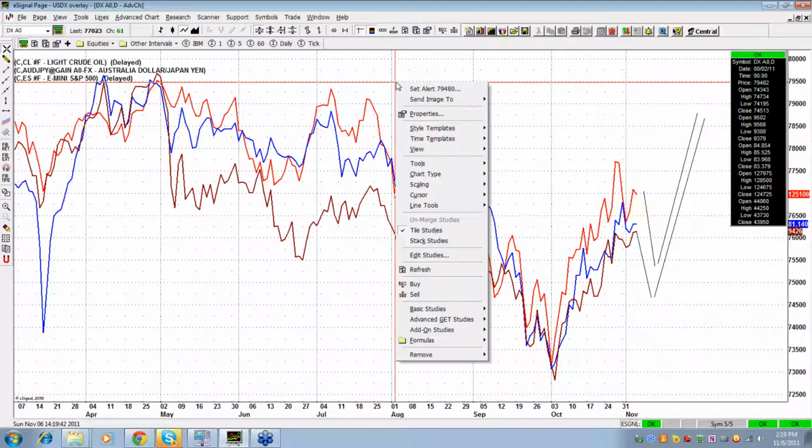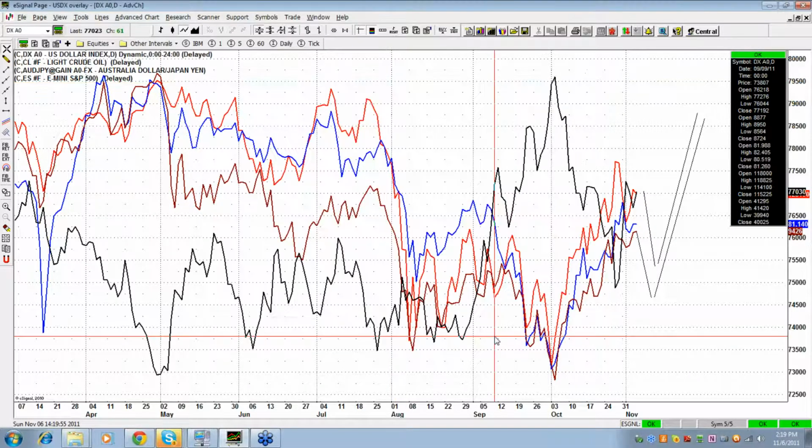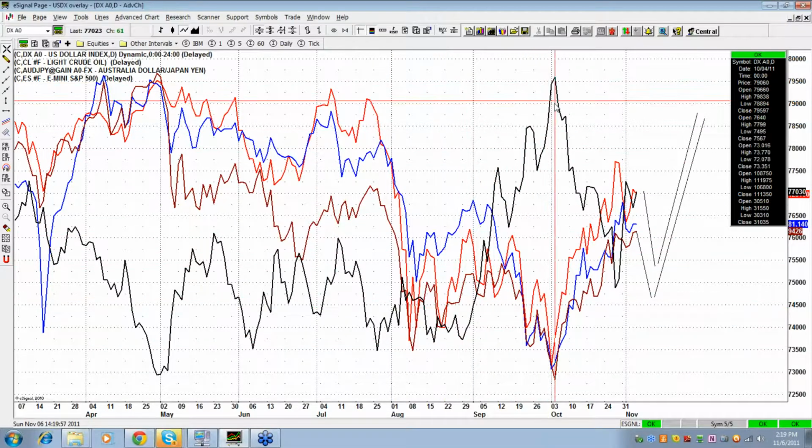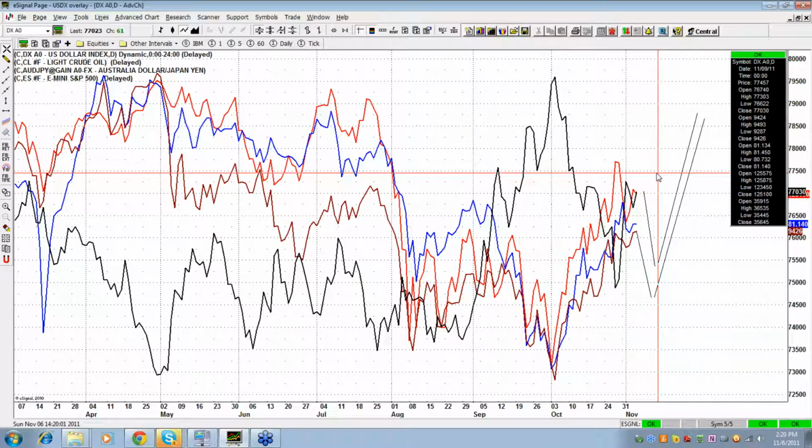Now, you guys can see, I'm going to add another thing, which is called the dollar index. And you're going to see how the dollar index also trades in a different way. In other words, when the risk assets go higher, the dollar index, of course, goes lower.